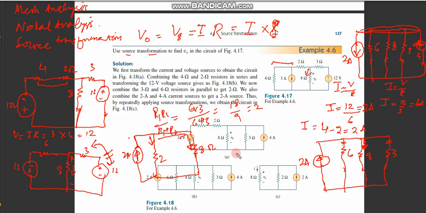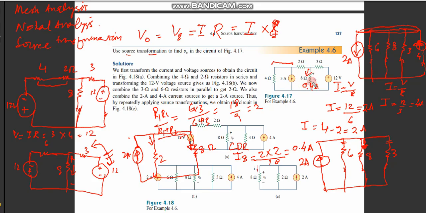Applying the current divider rule, the current in the 8 ohm resistance would be the total current times the resistance in the opposite branch, which is 2, divided by the sum of the resistances, which is 10. So this is 4 divided by 10, which is 0.4 ampere. So the current over here is 0.4 ampere.